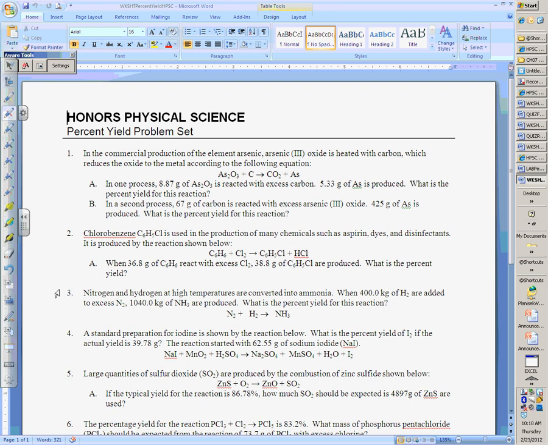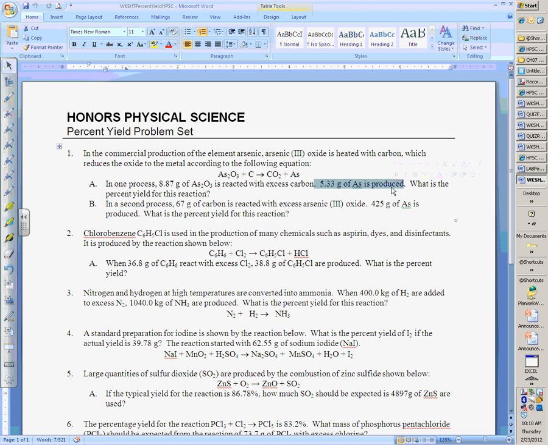So Allison, in number 1, in 1A, it says in one process, 8.87 grams of arsenic oxide is reacted, and it says 5.33 grams of arsenic is produced. That's the actual yield, because I'm telling you that's how much I made.